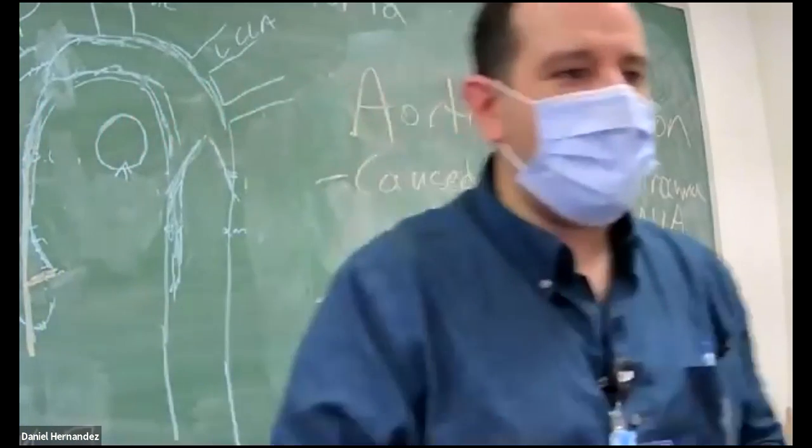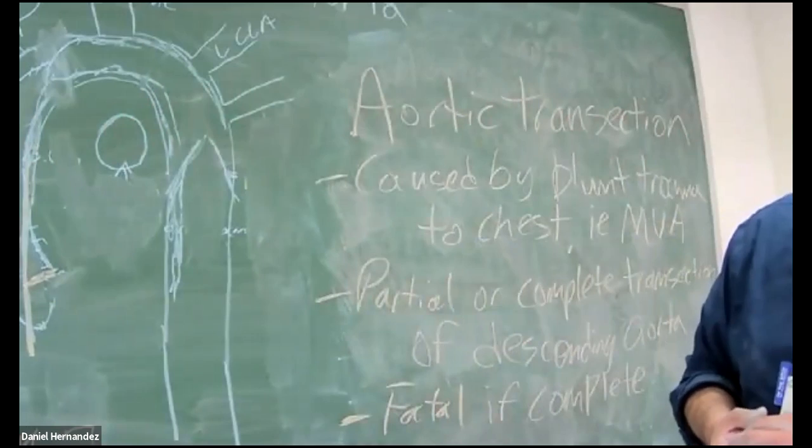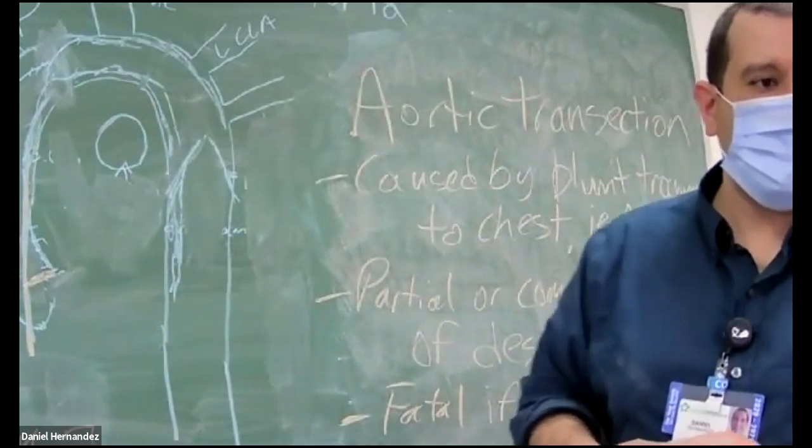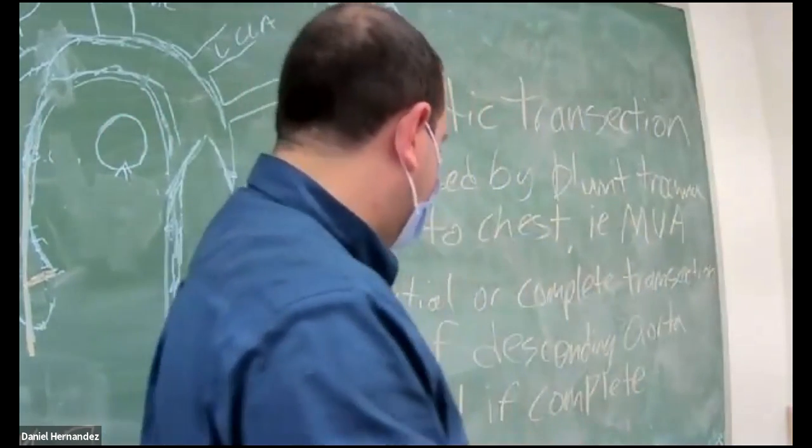So sometimes limited trauma can result in the formation of thrombus within the medial space or in the lumen of the aorta.